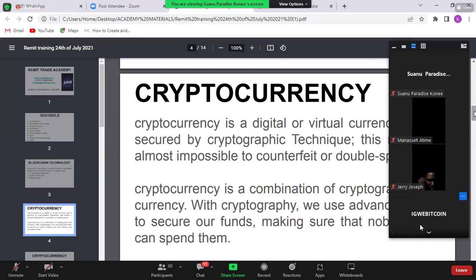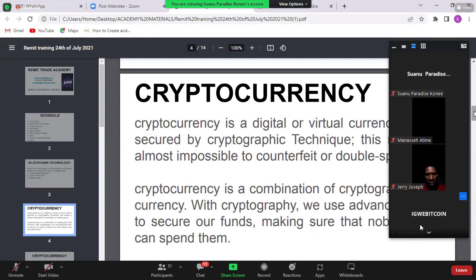And I would say it is impossible because there can never be a counterfeit Bitcoin, a counterfeit Ethereum, a counterfeit Solana, or a counterfeit BNB. So this cryptographic technique makes it very, very impossible to counterfeit or double spend.